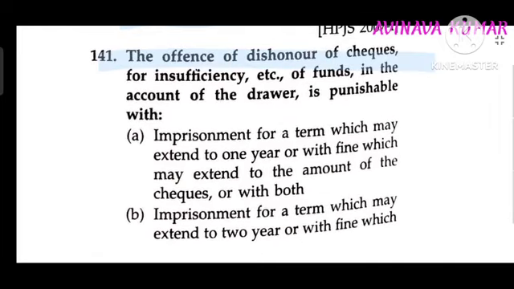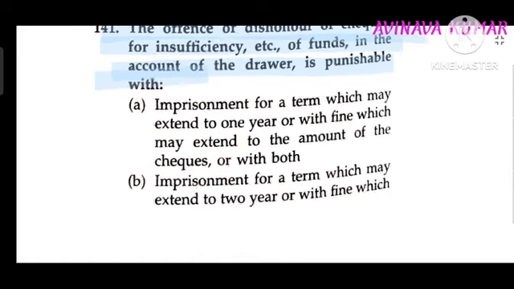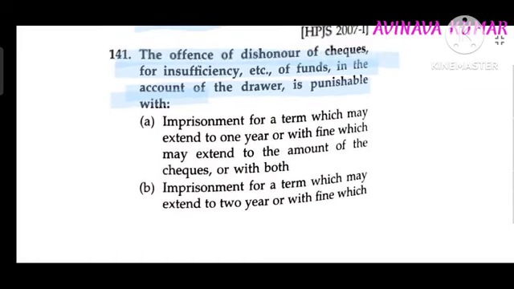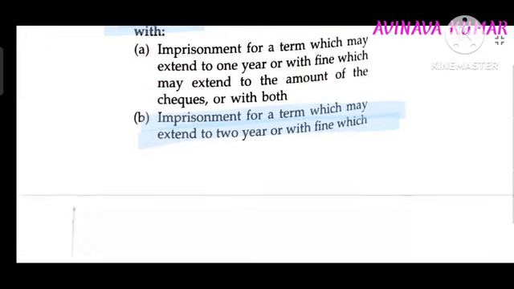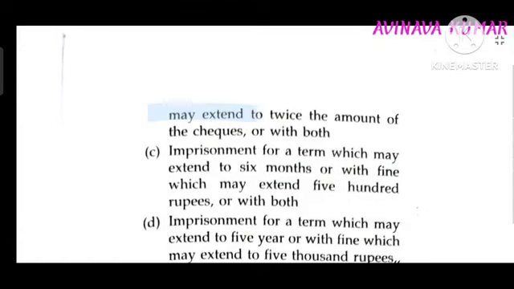The offence of dishonor of check for insufficiency etc. of funds in the account of the drawer is punishable with imprisonment for a term which may extend to 2 years or with fine which may extend to twice the amount of the check, or both.